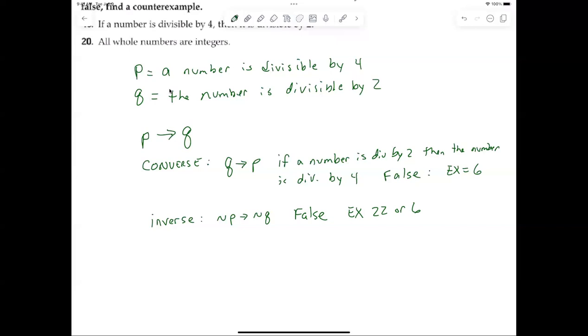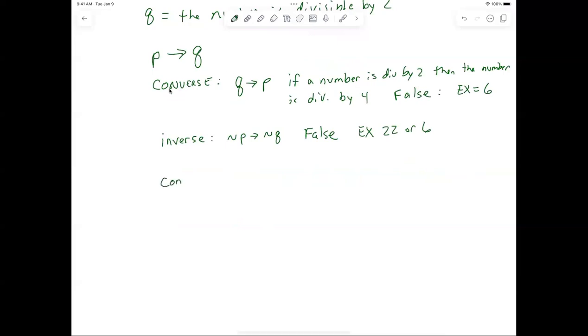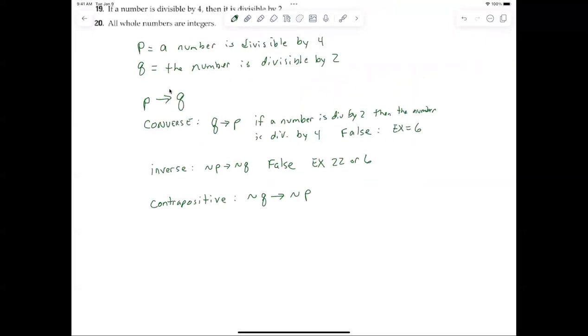Now, the contrapositive. The contrapositive is just the converse and the inverse combined. That's all it is. So we would say: if not Q, then not P. So we would say what?